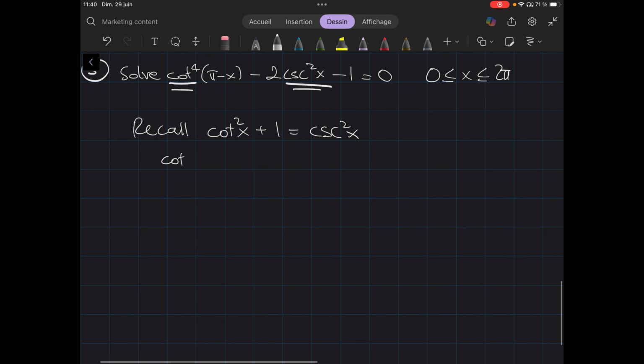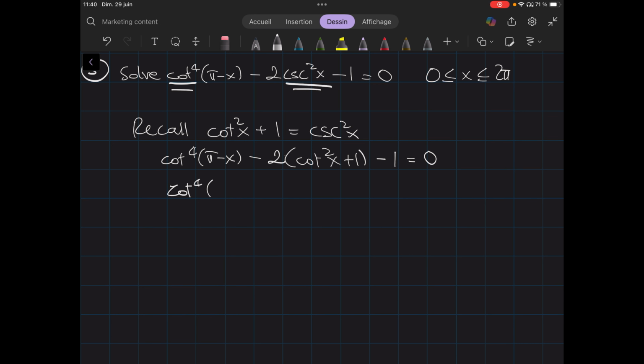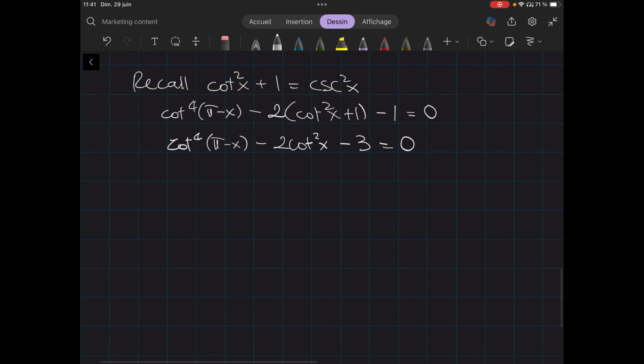Therefore, we can just use this identity to obtain a hidden quadratic equation. Now, what do we do with this term? Number one, the period of cotangent of x is pi, so we can simply get rid of this.